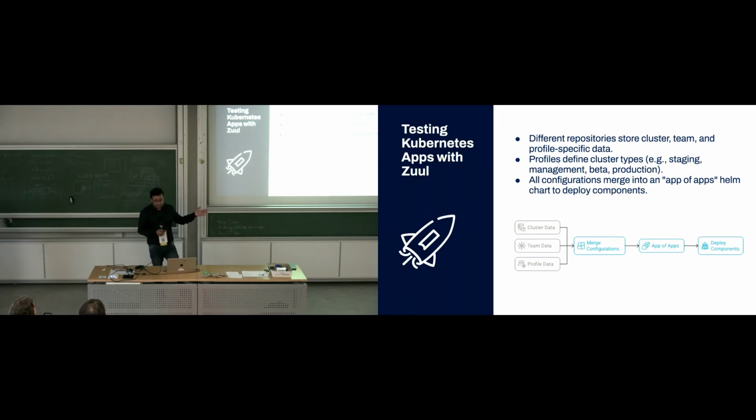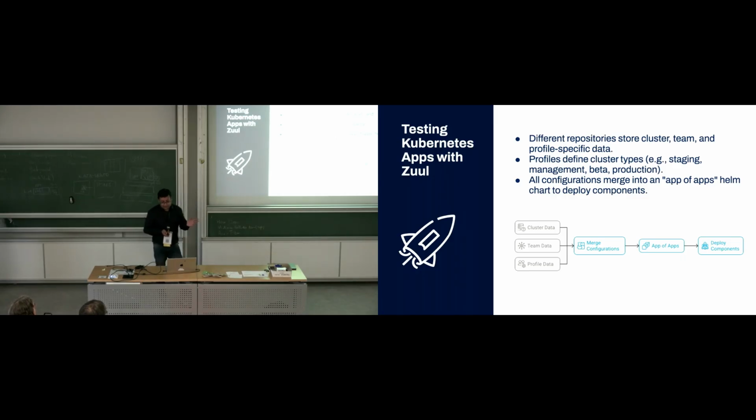Then we have team information, which has information regarding the service teams and what their Helm charts are, and information specific to the internal application team. And then we have profiles. Profiles are basically flavors of Kubernetes cluster we are deploying. One example would be we have staging clusters, we have service clusters like Simon mentioned, we have management clusters, and different profiles like beta, production, and so on.